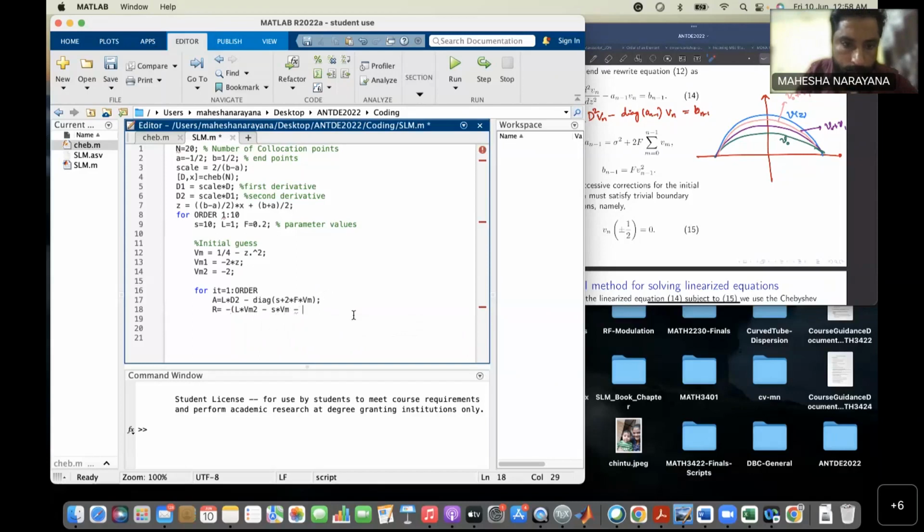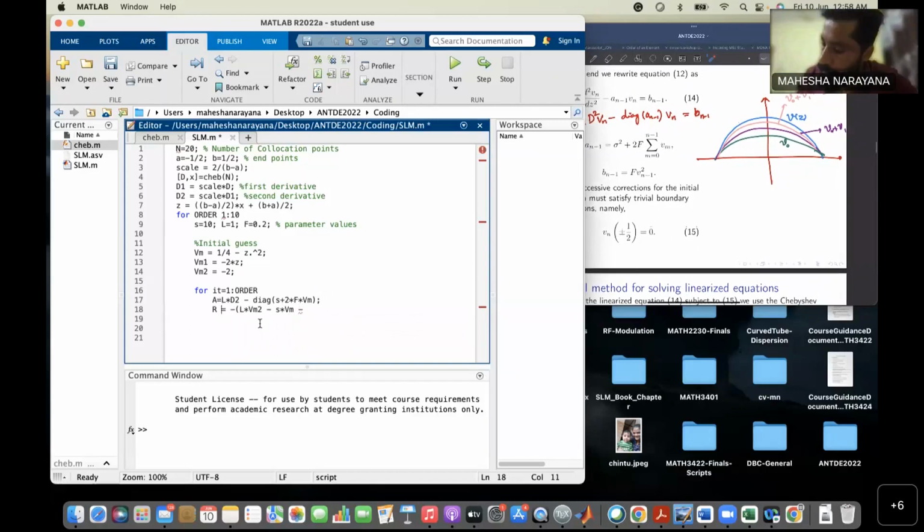You could just take this to be the nonlinear operator acting on, I mean, the differential equation that involves nonlinear terms. Okay, so that will form the right hand side part of your matrix.